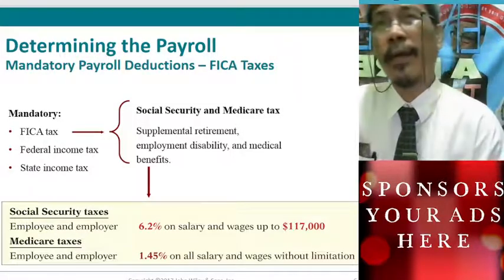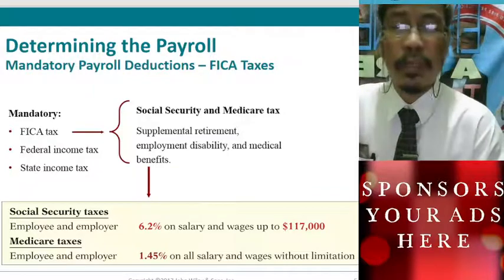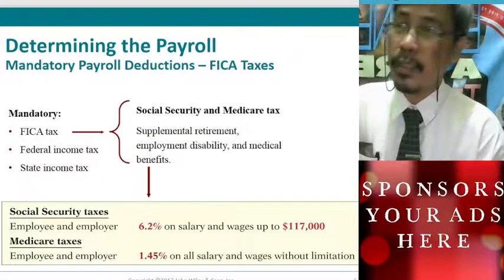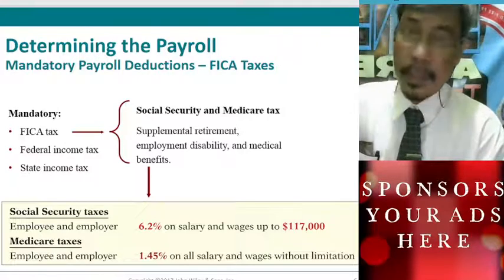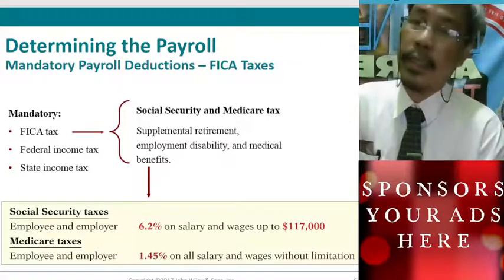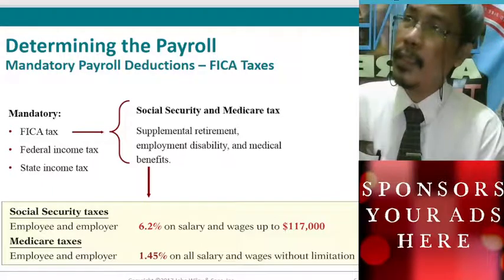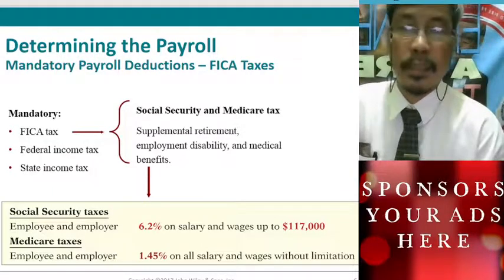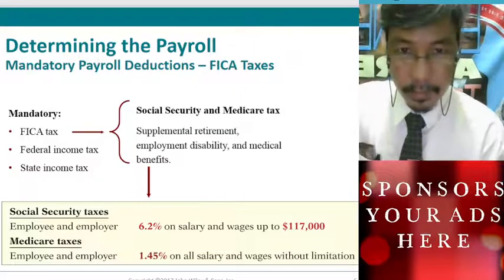And Social Security is mandatory in our country. Social Security, Pag-ibig, PhilHealth, and income tax. Those are the deductions. Okay.